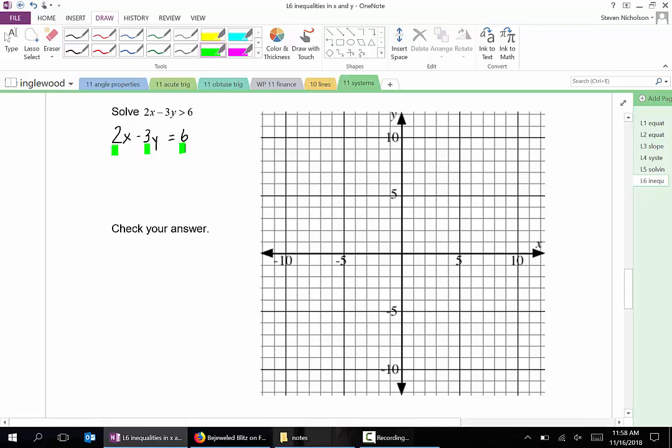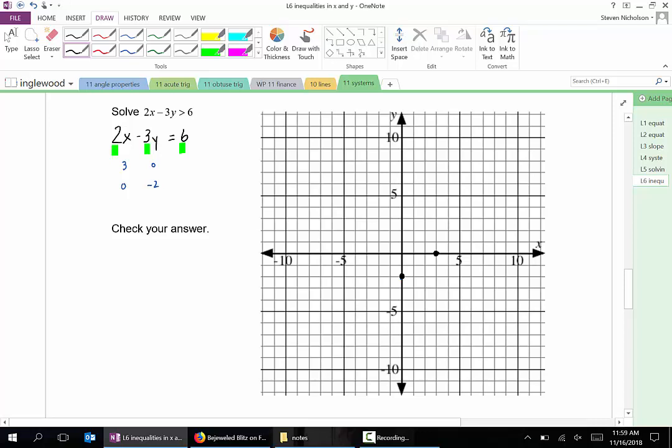So when I plug in a 0 for y, x has to be 3. So there's my x-intercept, 3 comma 0. And when I plug in a 0 for x, I get negative 3y equals 6, y has to equal negative 2, and there is my y-intercept. Now, if you want to put it in y equals mx plus b, go right ahead.